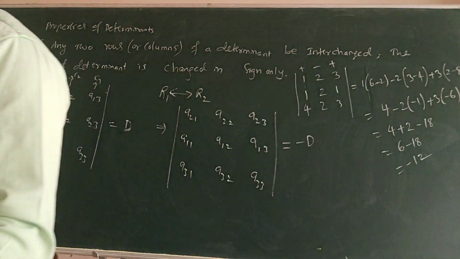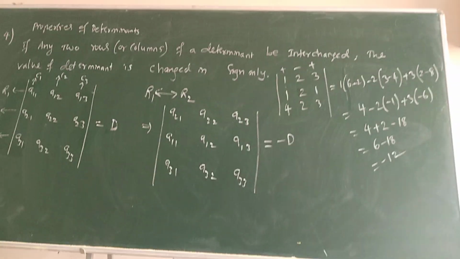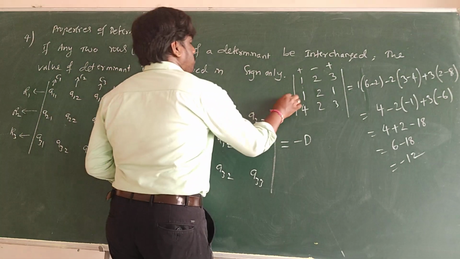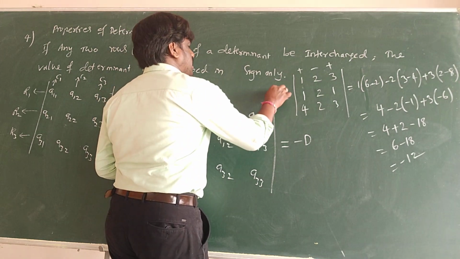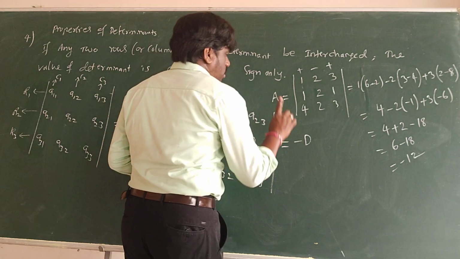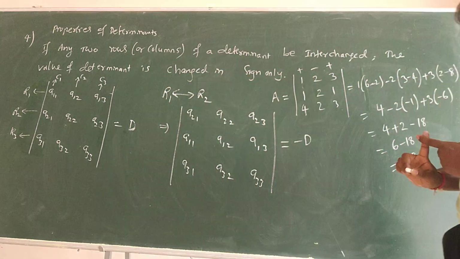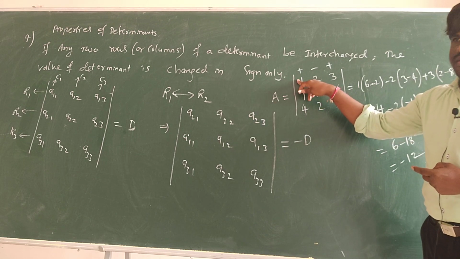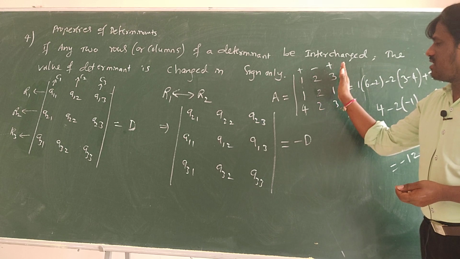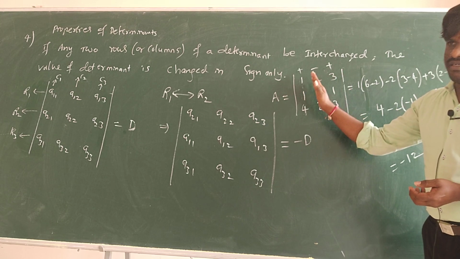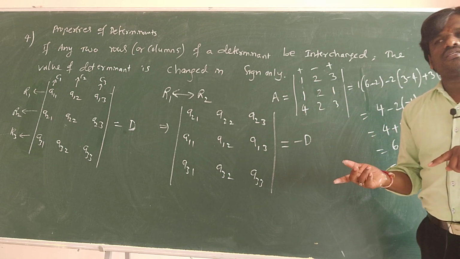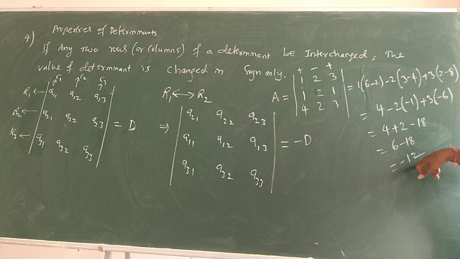I am just giving an example to understand. If I change any two rows or any two columns, interchanging them, the answer will be plus 12, whereas you got minus 12 here.